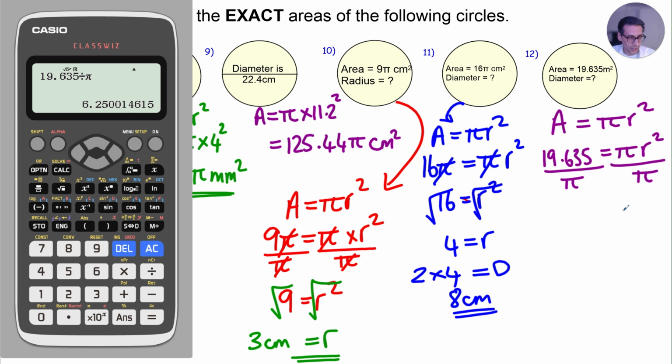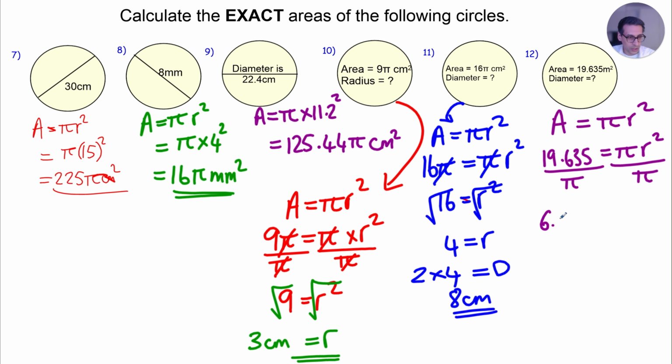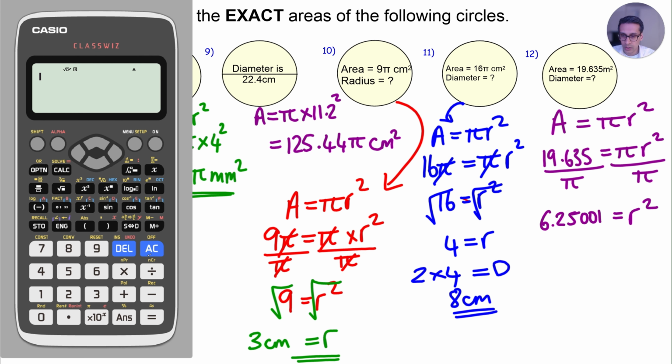So we can say 6.25001 is equal to r squared. Now we're going to need to square root both of these sides. So I'm going to press square root answer, because that's going to square root 6.25001 and whatever else is on there, and we get 2.50000.